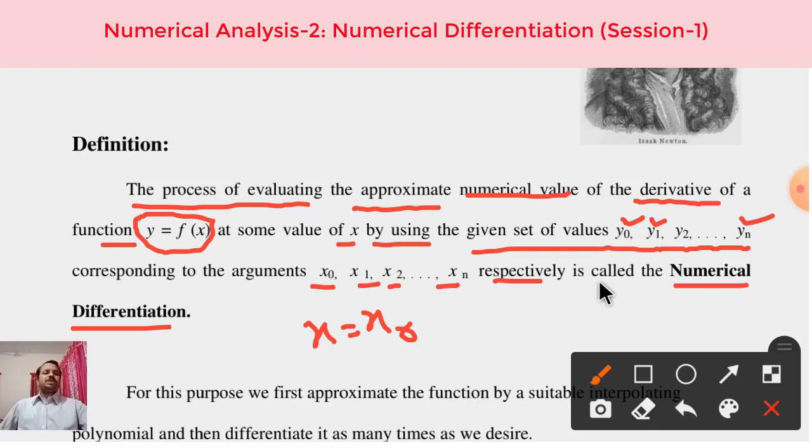That process is called numerical differentiation.